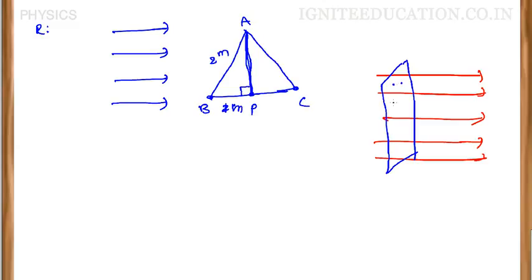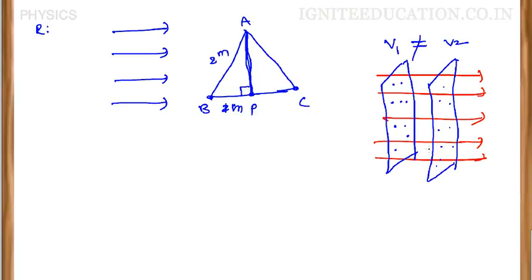Because the parallel field is passing through this plane, so every point on this plane will have the same potential, assume that it is V1. So this plane is called an equipotential plane because everywhere the potential is the same. I am considering another equipotential plane which is at a potential V2. So every point on this plane will have the same potential, that is V2, and V1 is not equal to V2.